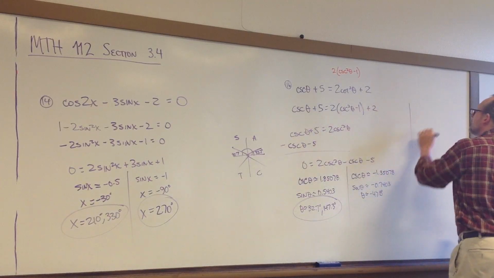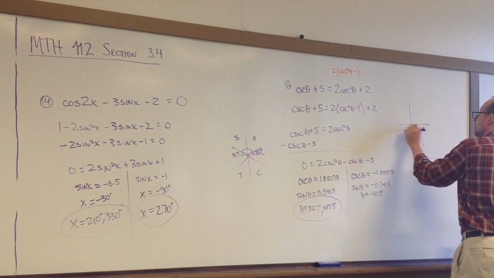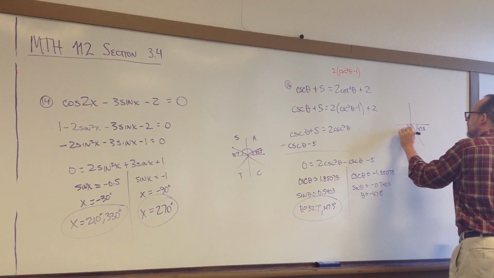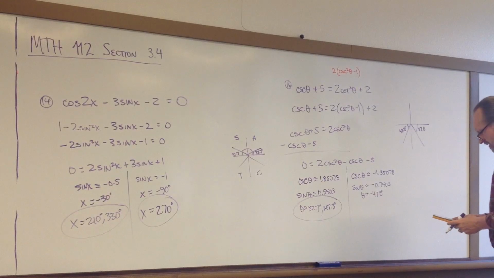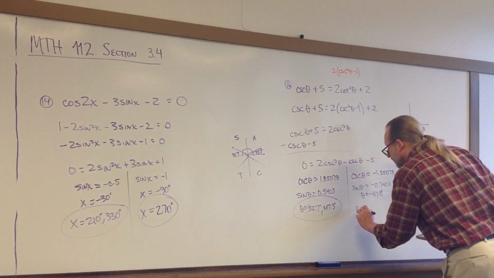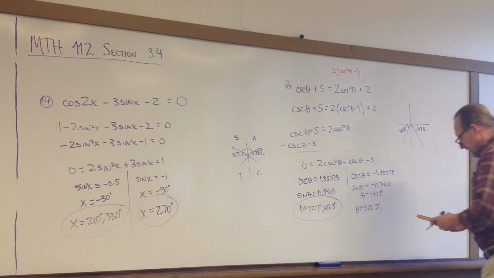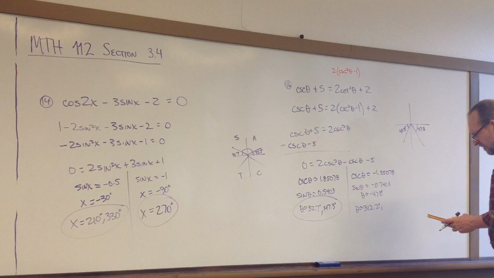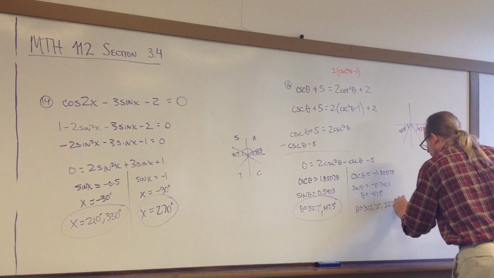So then what we need to do is use that 47.8 as a reference angle in both the third and fourth quadrants. That gives 360 minus 47.8, 312.2. And then the other one will be 180 plus 47.8, 227.8 degrees.